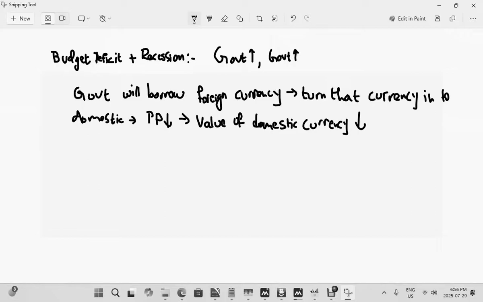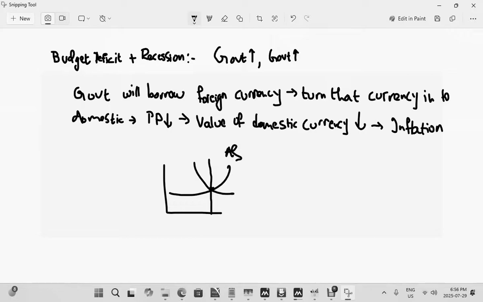So because of inflation, if you look this up on a graph, let's suppose this is your graph and this is your aggregate supply and this is your aggregate demand over here. And let's assume that this is your full employment.